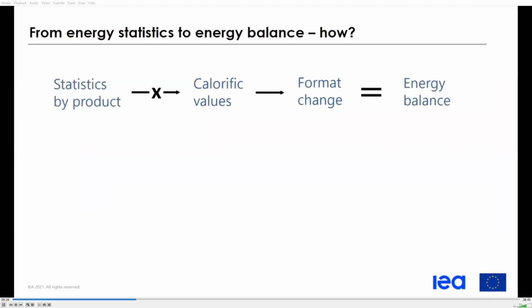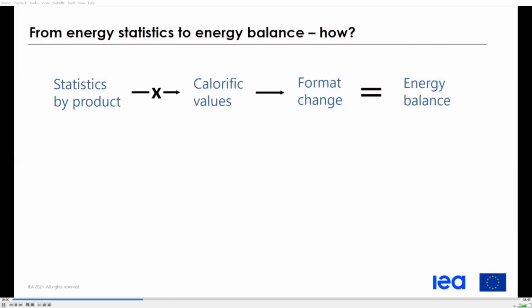The first one is to convert the natural units in the different commodity balances, that is for coal, oil, gas, renewables, and electricity, to the chosen energy unit. Here it is kiloton of oil equivalent in the IEA balances, but many countries use terajoules. This is done by multiplying by the appropriate conversion equivalent for each natural unit, which are calorific values.